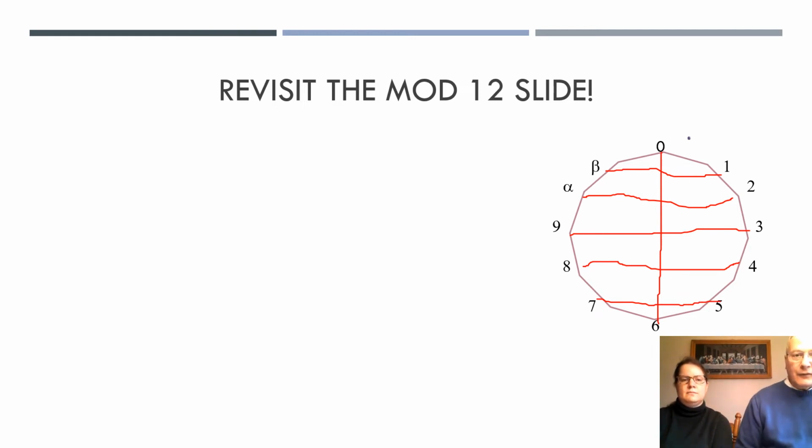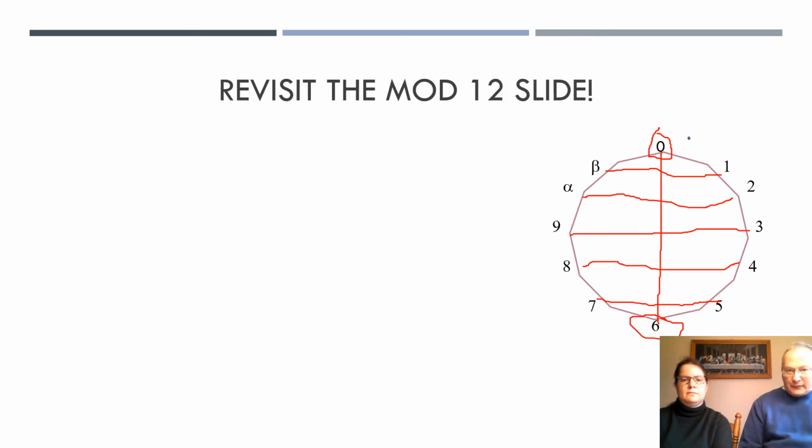It turns out that 0 is its own inversion, 6 is its own inversion, and 7 and 5 are inversions of each other, 8 and 4, 9 and 3, alpha 10 or A, and beta 11 or B and 1. So those give you your reflection pairs or inversion pairs.